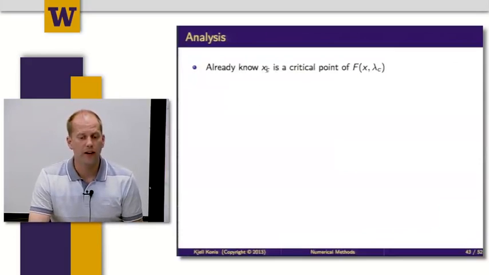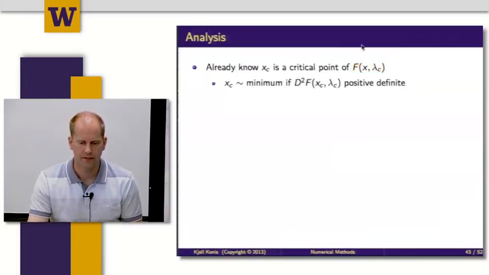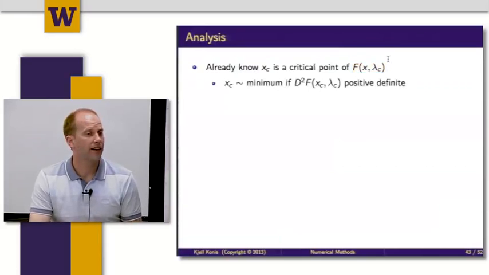And I already know that x sub c is going to be a critical point of this because that was my condition. That's how I found x sub c. And we had second order conditions. So now this is an unconstrained optimization problem.